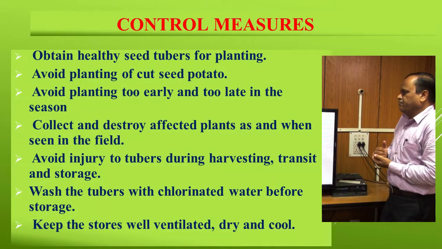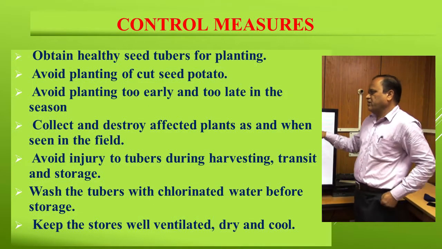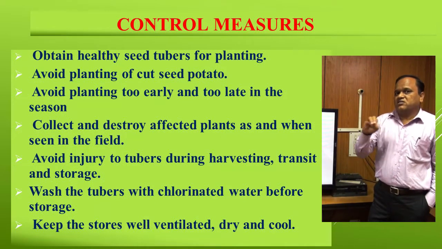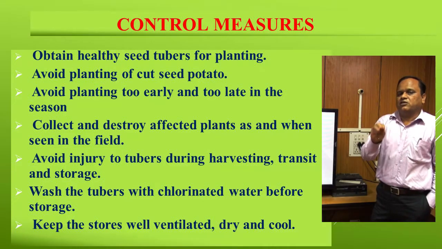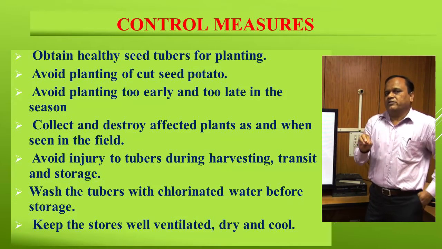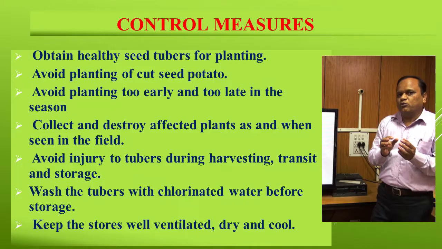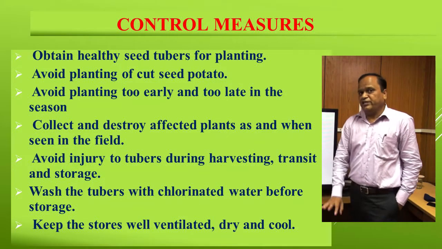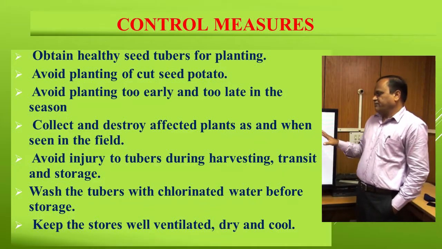Now the control measures. Always obtain healthy seed tuber for planting from a certified shop. Avoid planting cut seed potato. Do not sow the cut seed potato. Always sow whole potato tubers. Avoid planting too early and too late in the season.